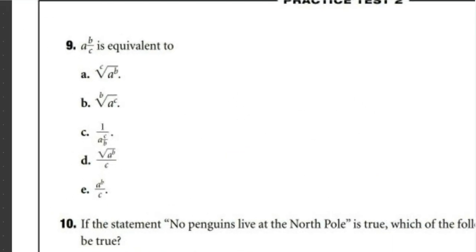A to the B over C is equivalent to... I think this is A to the B over C. It's not A times B over C. The denominator of the exponent is the root, take note. So this is the C root of A to the B. So where is that? It's letter A.